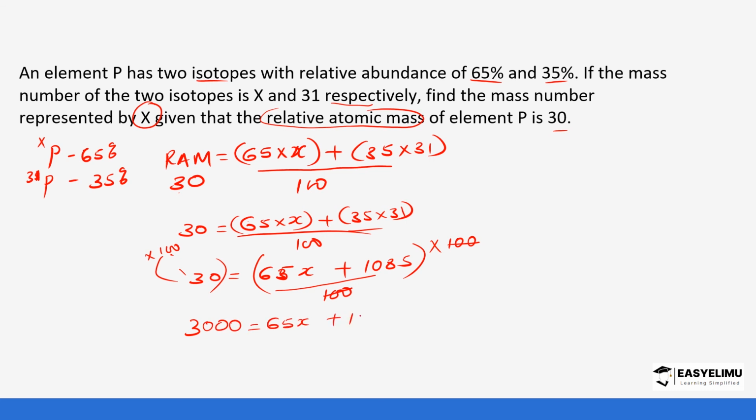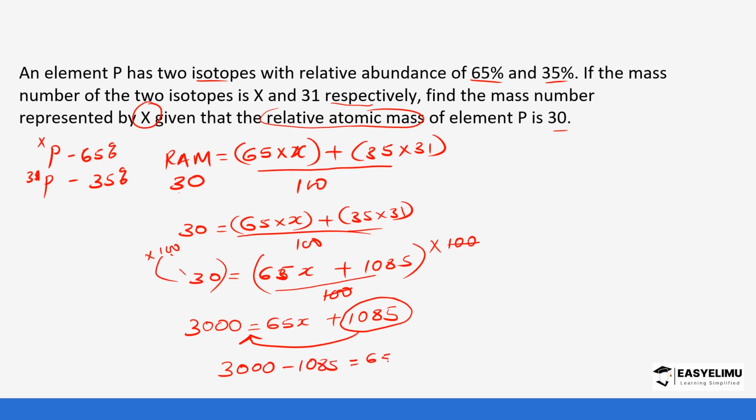So we put like terms together by bringing the 1085 to this side. So it was a positive sign. When it moves to the other side of the equal sign, it changes to a negative. So it becomes 3000 minus 1085 is equal to 65X.